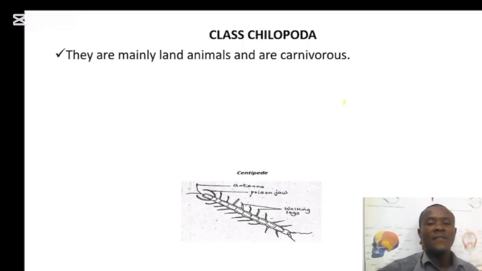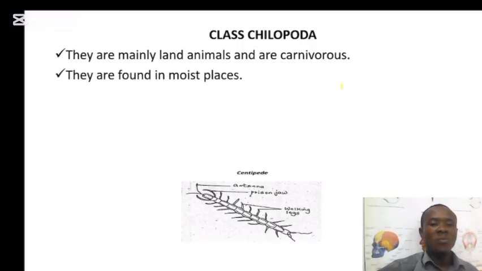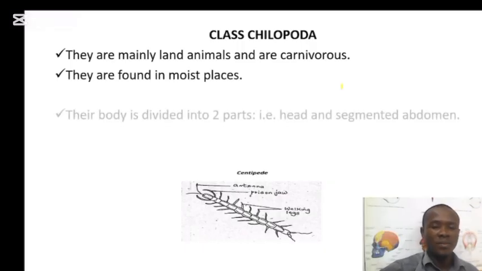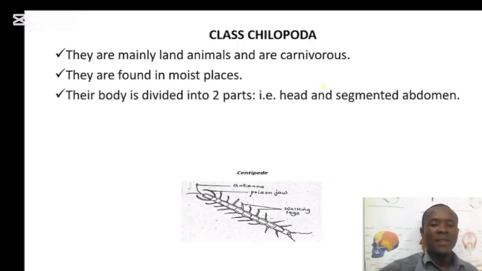That means they feed on other animals. Next, they are found in moist places. Then their body is divided into two parts, just like in the Diplopoda, in which the thorax is absent. So they just have the head and a segmented body called the abdomen.